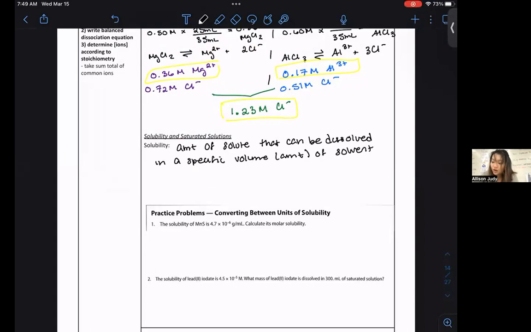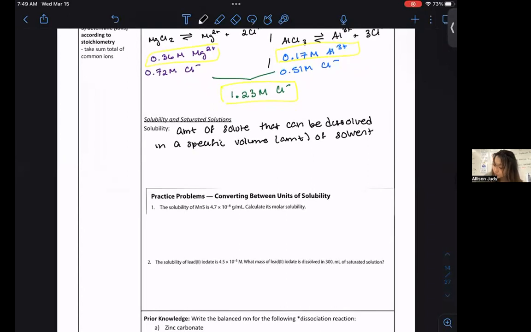Oftentimes that solvent is water, but we can do it in other things. We have multiple units. Our preferred unit is molarity, which we call molar solubility. It's solubility in terms of molarity, which is moles of solute dissolved per liter of solvent.